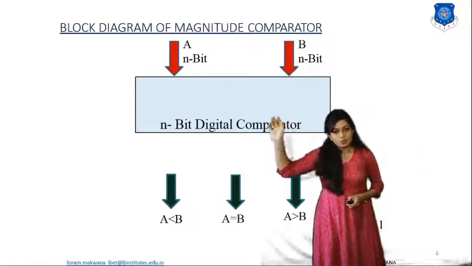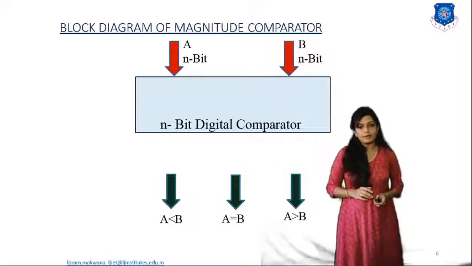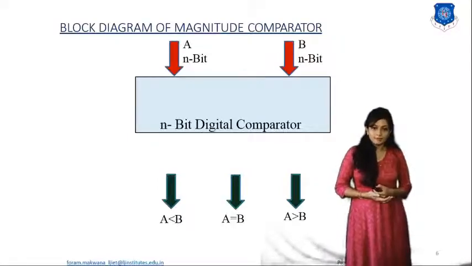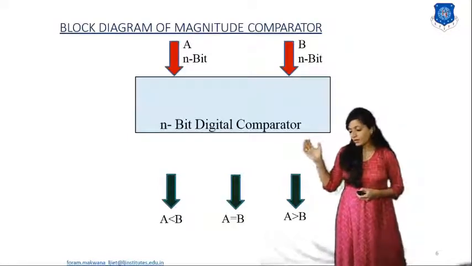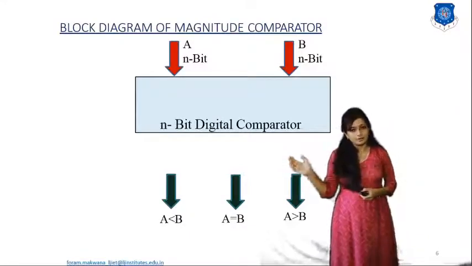The bits of A and B are going to be compared with the help of the magnitude comparator. The bits are applied to the n-bit digital comparator.